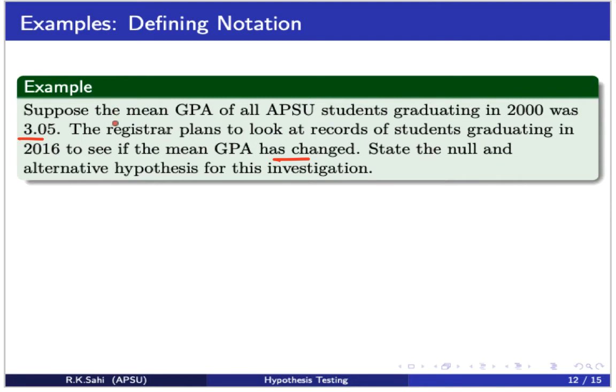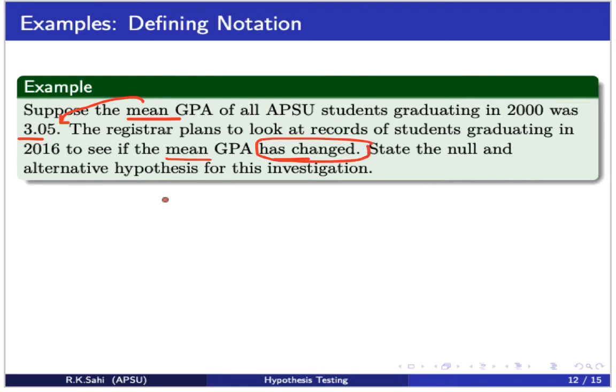So here, once again, we're going to read it. Suppose the mean GPA. Here's the first important part. The mean, that means that's my parameter, of all APSC graduating students in 2000 was 3.05. This is the hypothesized value and this is the parameter. Now the registrar is looking at records of students who graduated in 2016, 16 years later, to see if this mean GPA has changed. That is a giveaway for our alternative hypothesis.